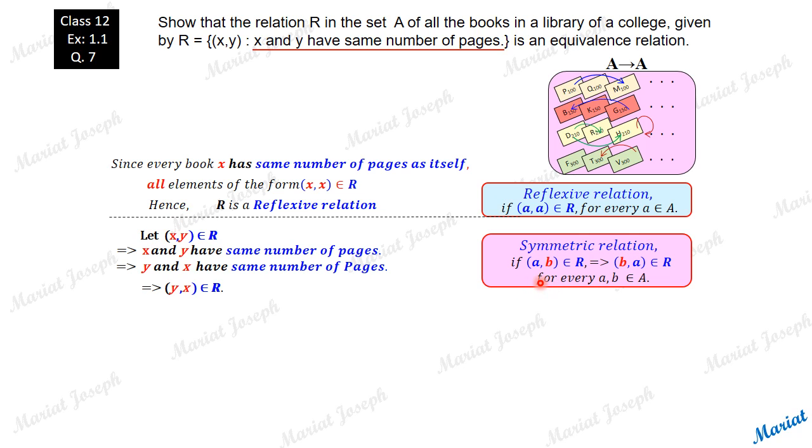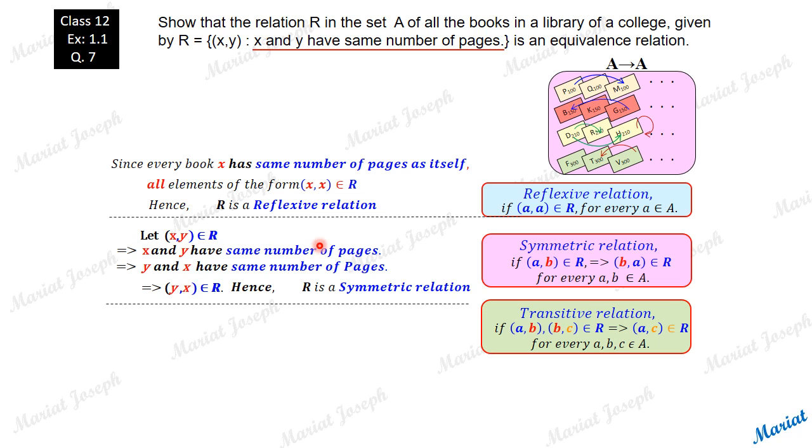Whenever a pair (A, B) is there in the relation, (B, A) also should be found in the relation. Yes, it's happening. Whenever a pair of books X and Y belongs to the relation, the pair Y and X also will belong to the relation. So, this relation is a symmetric relation.